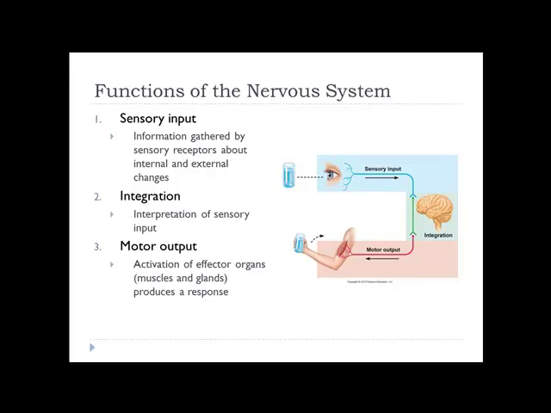The integration would be the brain interpreting that, and the motor would be whatever your body's reaction to that sensory input is. For example, I could touch a hot stove and my sensory input would be the searing heat and the damage to my tissues, and my brain would perceive that as pain, and my motor output would be a reflex to quickly pull my arm away.